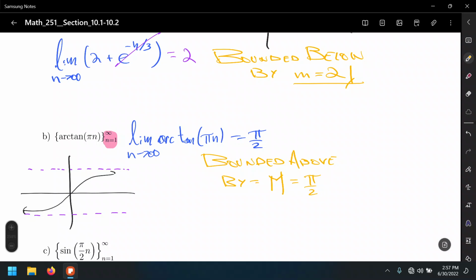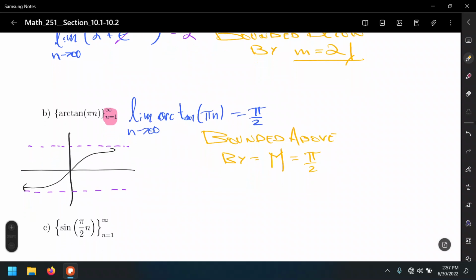All right, let's look at the next example. Sine pi over 2n. Yes? So, if we had a negative value instead, we just focus on the value below? Exactly, that's a good question.